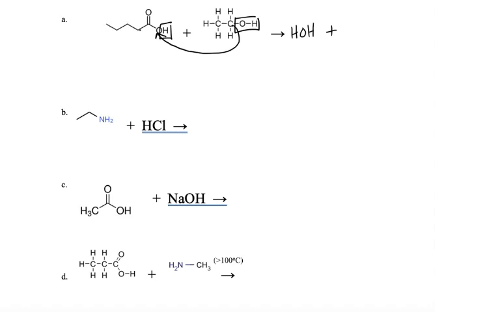So this is 1, 2, 3, 4, 5 carbons long, a double bond oxygen, a single bond oxygen, and then a CH2 and a CH3. Sorry, CH3, my bad. This forms an ester, which is represented by the C double bond O, single bond O, right there.